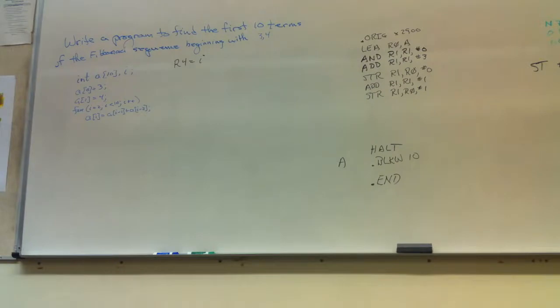So it adds the base register to the 6-bit offset that you have. Yeah, it adds it, but it does not change the base register. Register 0 is not changed by this one.